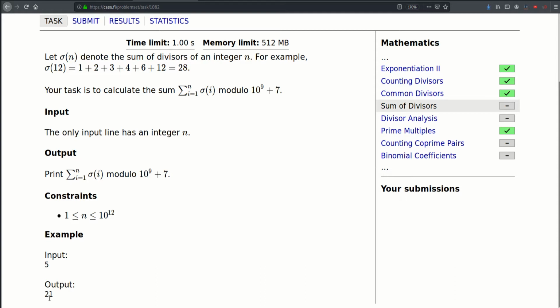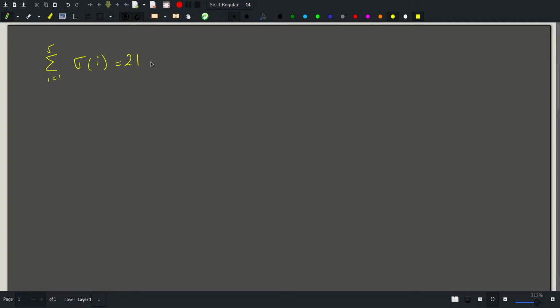So let's go to the drawing board and see how we could come up with an answer. As we saw in the example, the sum of sigmas from i equals 1 up to 5 is equal to 21. Let's work this example out to make sure that's correct. Let's list the divisors of all i's from 1 to 5.